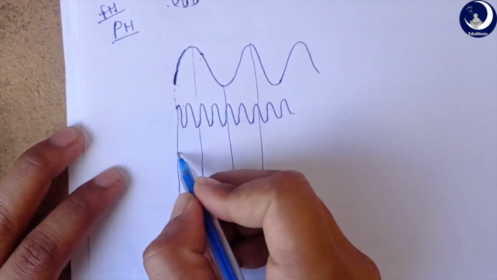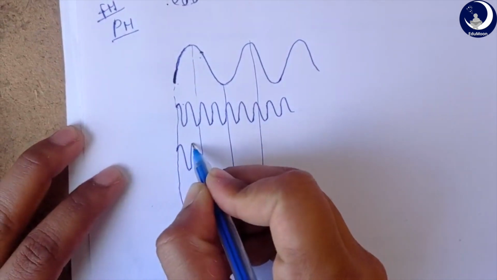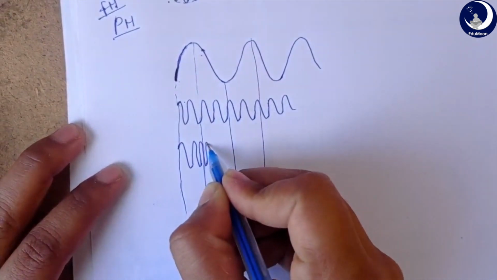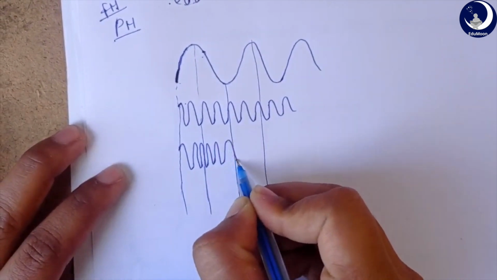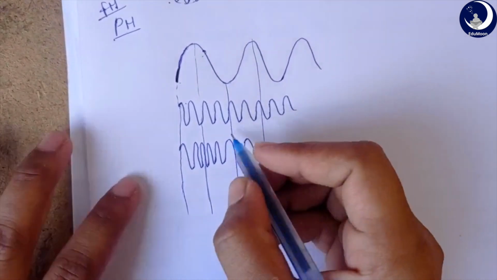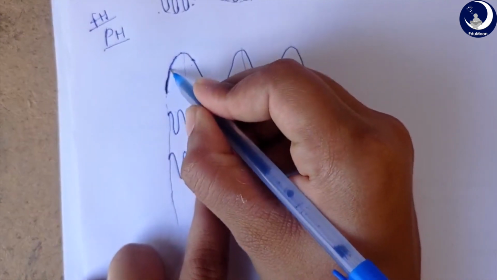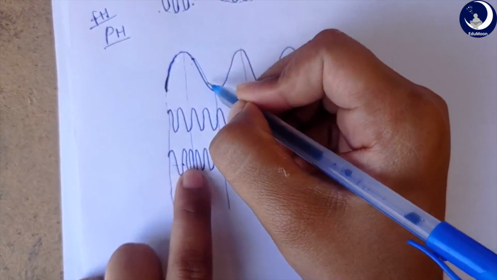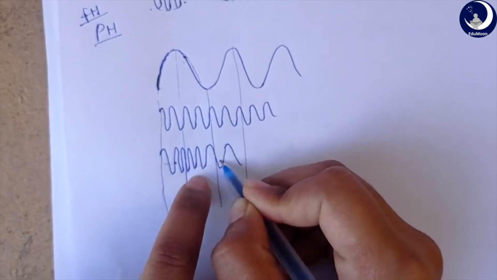So we will be getting something like this. See here as the amplitude increases, frequency increases, and when the amplitude decreases, frequency again decreases. So that's what happens in frequency modulation.